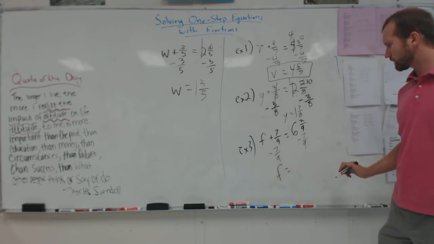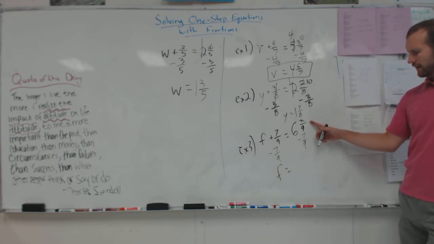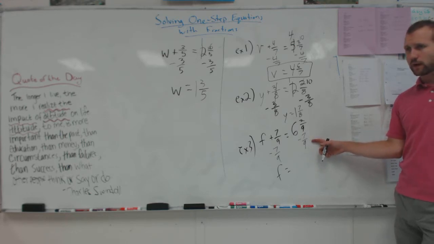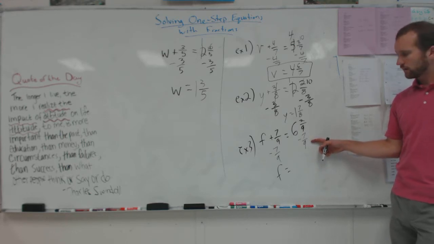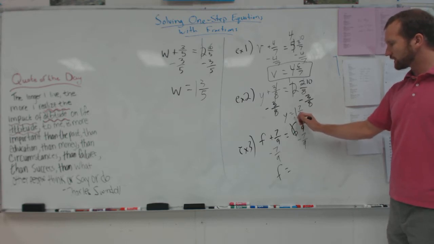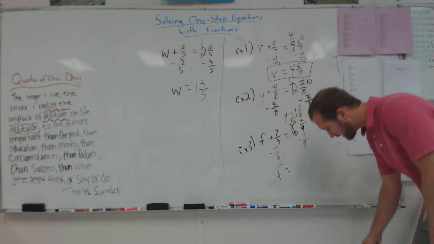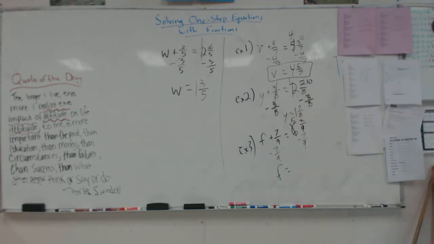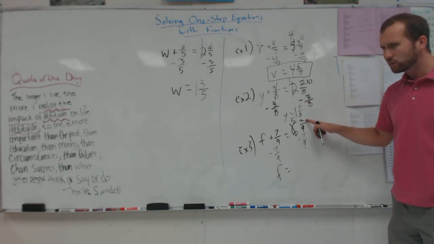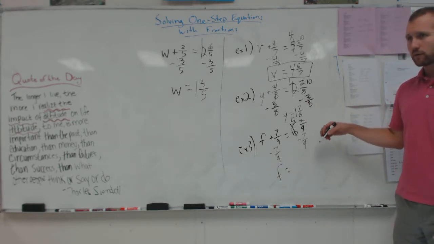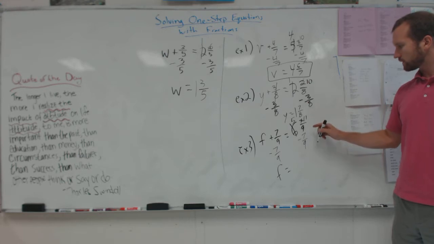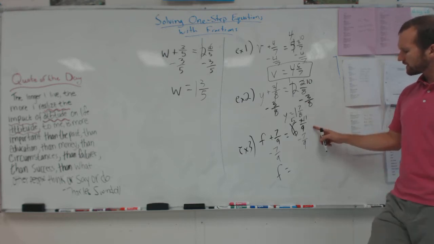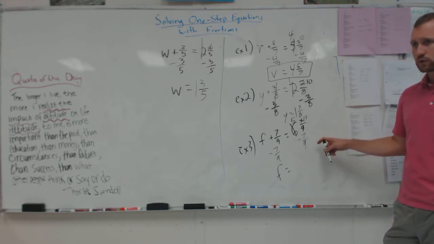F equals. I only had 2/9. I can't take 7/9 away. Okay? So I make my 6 a 5 and I borrow. How many ninths am I borrowing? 9 ninths. But look, I already had 2 ninths. So how many ninths do I have now? 11 ninths. So 11 ninths minus 7 ninths is how much?